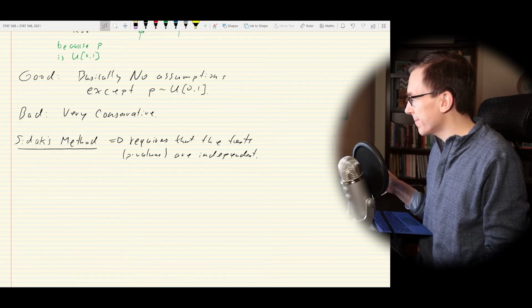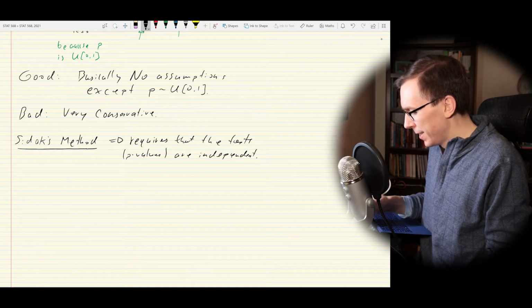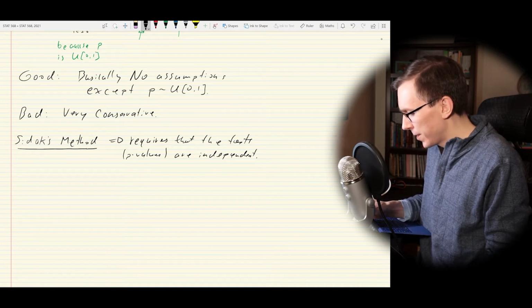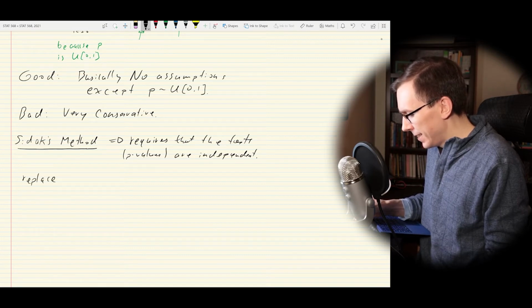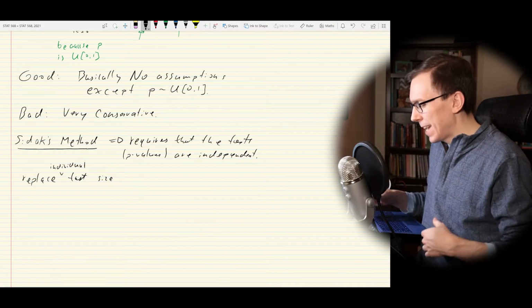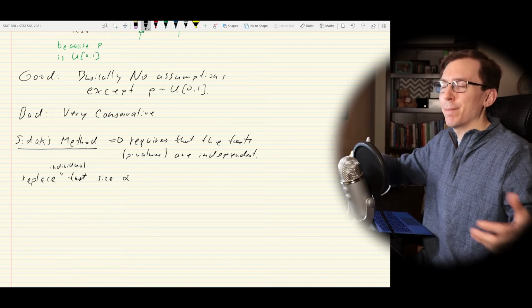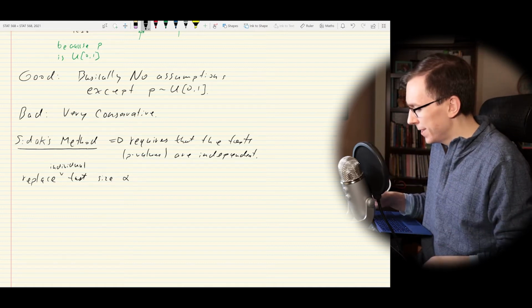Anyway, the idea is that for Sidak's method, what we're going to do is replace the individual test size, just to emphasize that we start with an individual test size of alpha, but we actually want a family-wise error rate of alpha.